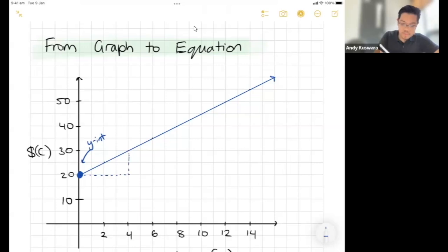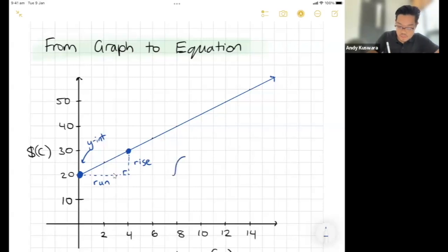Now, I can pick a lot of different points, but I'm going to try pick 2 points that will line up quite nicely with my grid. So I can see this point here is nice, this point here is nice. And I'm going to make a right angled triangle so I can find my vertical rise and my horizontal run.